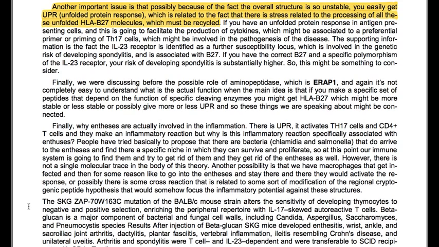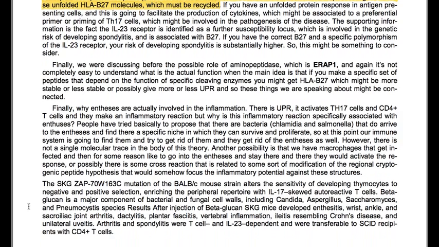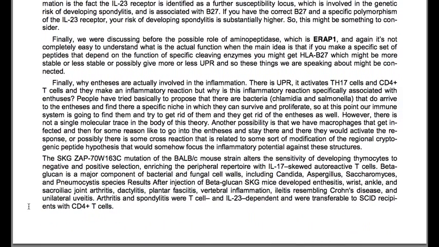But why is this inflammatory reaction specifically associated with entheses? People have tried to propose that there are bacteria, Chlamydia and Salmonella, that do arrive at the entheses and find a specific niche in which they can survive and proliferate. So at this point, our immune system is going to find them and try to get rid of them, and it gets rid of the entheses as well.